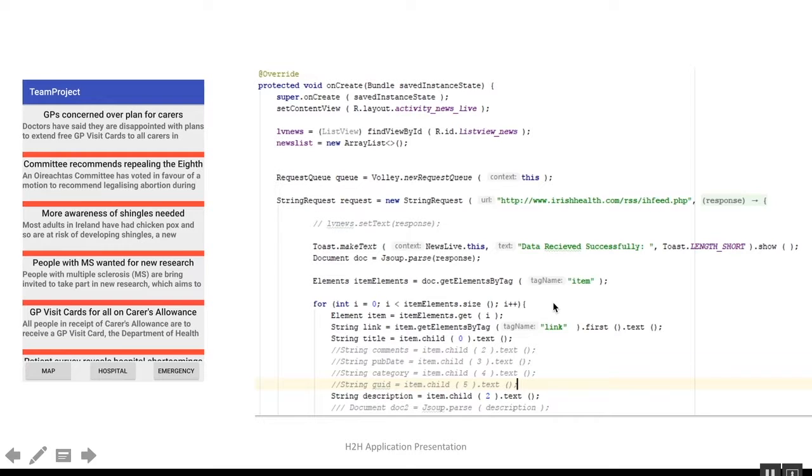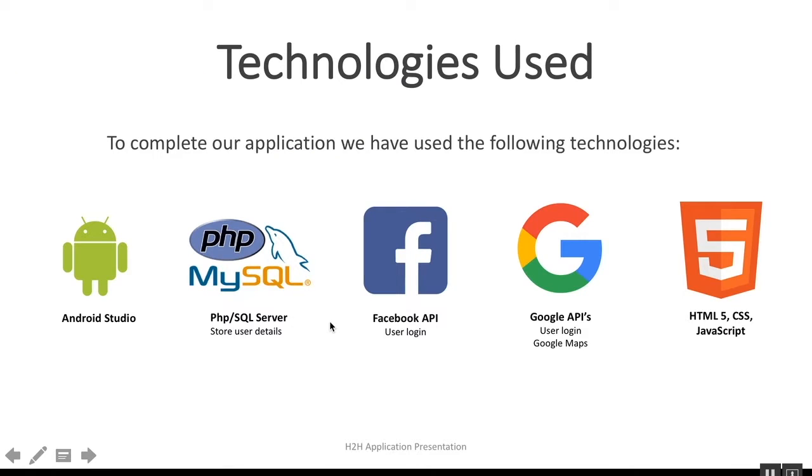There are lots of items, so we have to specify every item, like the title, description, and everything. We put every tag in this code to run the app, and it is working now.